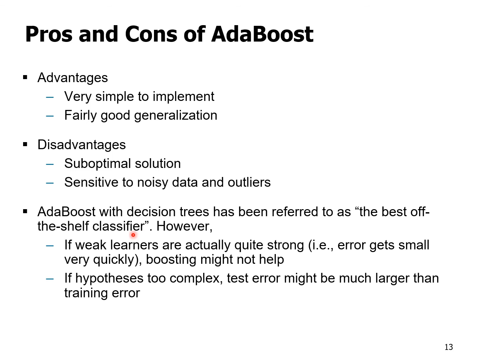If the weak learners are actually quite strong, like if you use a very state-of-the-art deep learning or something, it actually doesn't help. If your classifier is too complex, the test error may be larger than the training error. It actually degrades the performance of your AdaBoost algorithm.